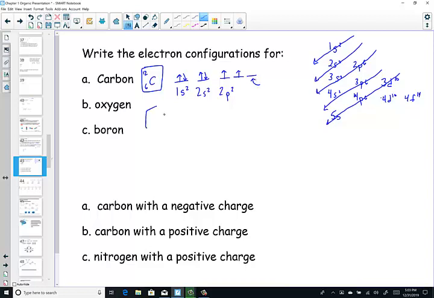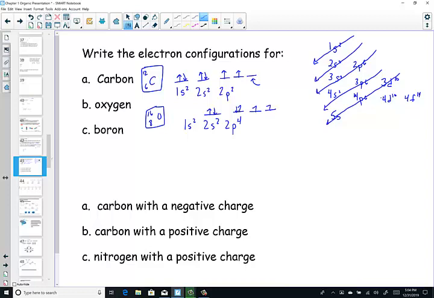For oxygen, oxygen is number 8 on the periodic table, so we have 8 electrons to write for. 1s2, 2s2, 2p4 gives us a total of 8 electrons. You can see in the outermost energy level, there's 2 electrons in the s, 4 more in the p, giving us 1 p orbital that is partnered and 2 that are not.